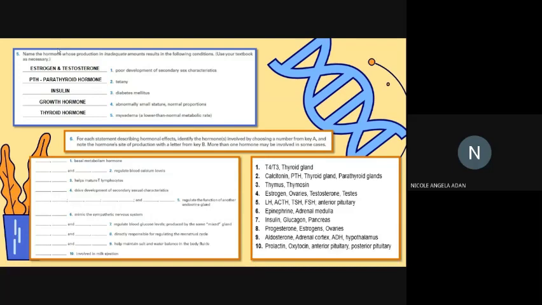For number 9, it helps maintain salt and water balance in the body fluids, they are aldosterone and ADH, which are secreted by the adrenal cortex and the hypothalamus. Lastly, involved in milk ejection, the hormones are prolactin and oxytocin, and they are secreted by the anterior and posterior pituitary.